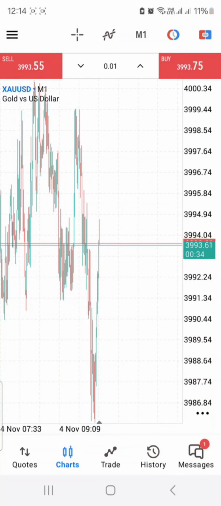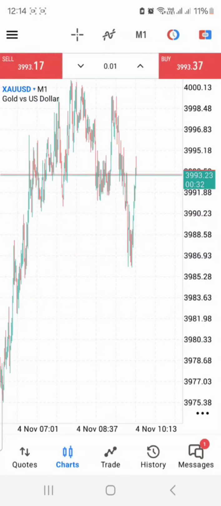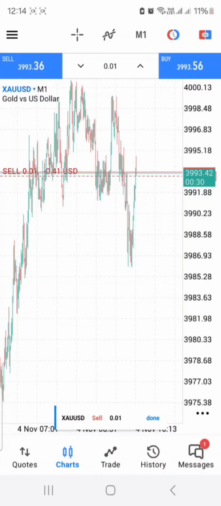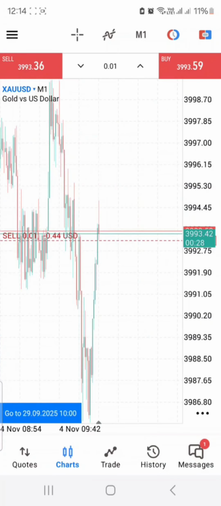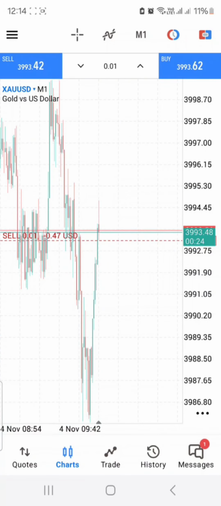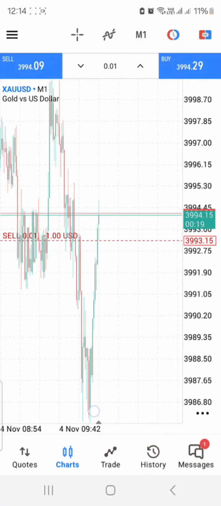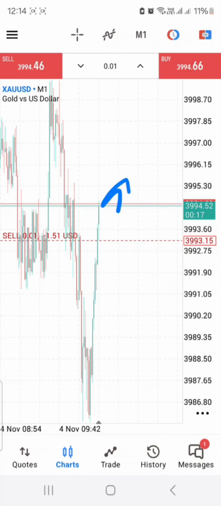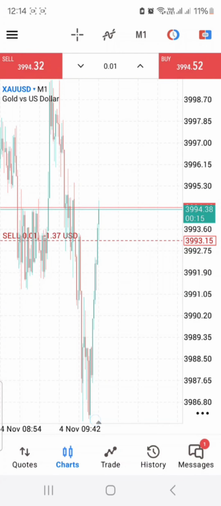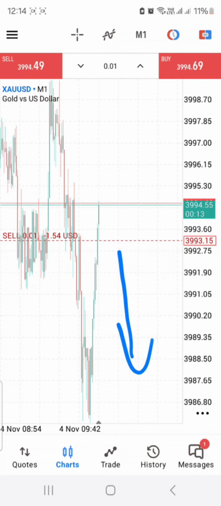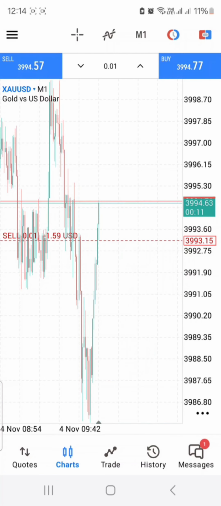So let's just say we're predicting that this graph will go down. We put a sell, and then we wait. So this candle here is now above our sell level. What you're seeing here is a sell level, meaning that since the graph is above our sell level, we are losing. But when the graph comes below our sell level, that's when we will win. So this candle will close after every minute, and then another one will come.